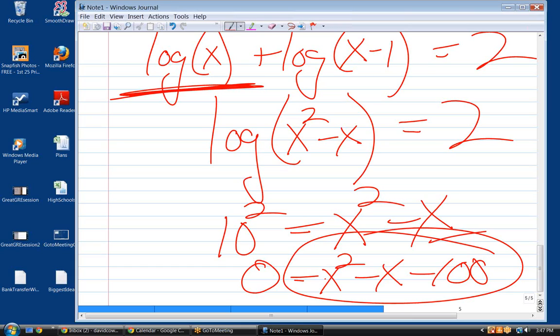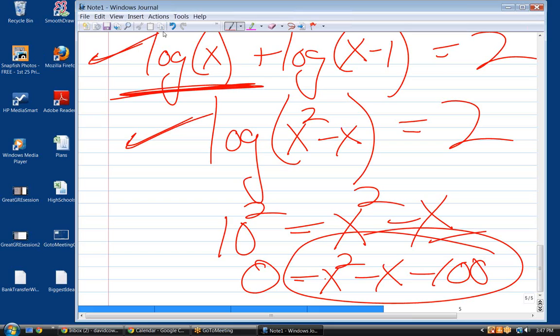You usually come up with two solutions, but only one of them is valid. The thing you have to check for is to make sure you never are taking the log of a negative number or 0. And you always have to go to the original equation to check, not this second one. This second one may look like a clone of the first one, but it really is not. In other words, it's possible that the domain might pass there, but it wouldn't pass up here.